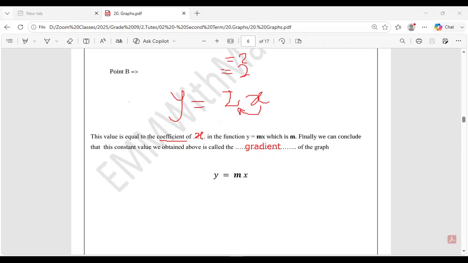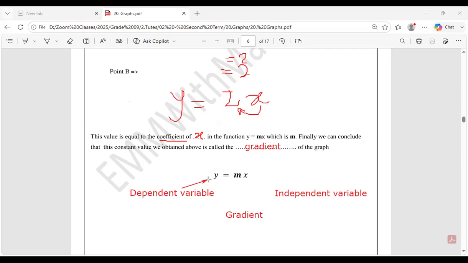Right. So you know how to name this again, right? So I will tell you. As we learned earlier, y is the dependent variable, and x is the independent variable, and the new one is called the gradient. So this is it.